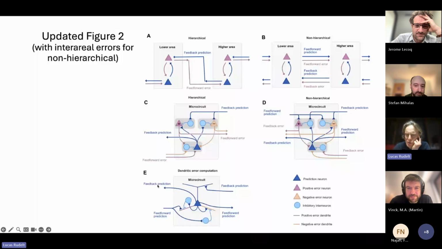So you're referring to E. If the main part of the circuit is that you get a feed forward on a dendrite, then the neuron projects to an inhibitory neuron, which inhibits itself. Isn't that the hallmark of an error? It is, but it happens at the dendrites. But then if the neuron integrates a set of errors, why is the integration of errors called prediction?